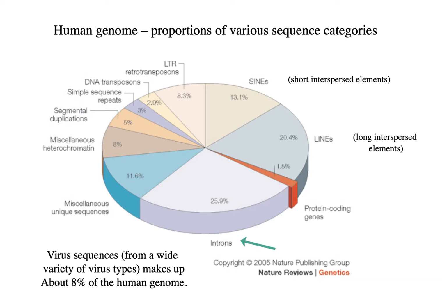Another 25% are made of introns. And then the rest of it, which amounts to less than 20%, are other unique sequences and repetitive elements as well. Our genome then is about 45 to 50% transposons and retrotransposons, primarily retrotransposons. And the maize genome is about 84% transposons and retrotransposons.